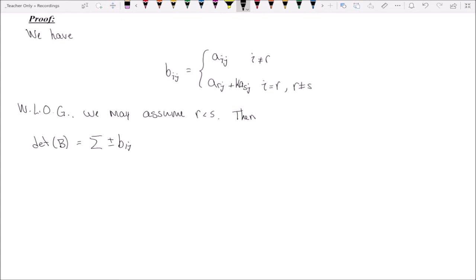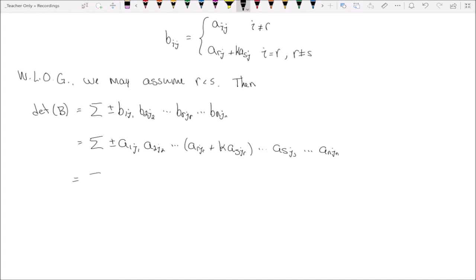Right, by definition, replace the B's with A's. Then by distribution and properties of summation, we can write this as two separate sums.